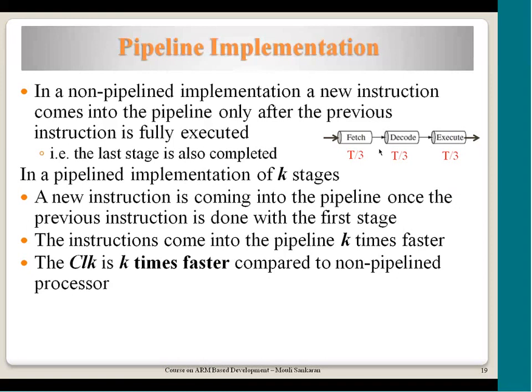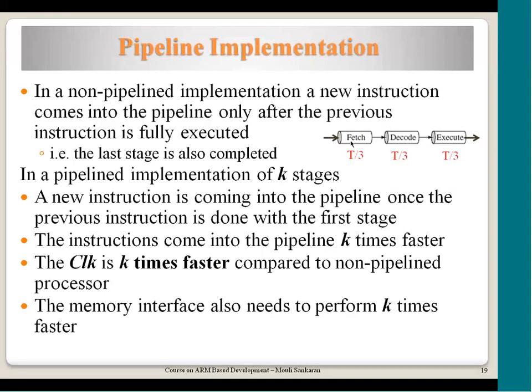Now what happens? The clock, which was originally between the whole stage, has to be much faster than before. Every clock, the information about the particular instruction is passed on to the next stage, so it has to be done at a speed 3 times faster than the previous speed.